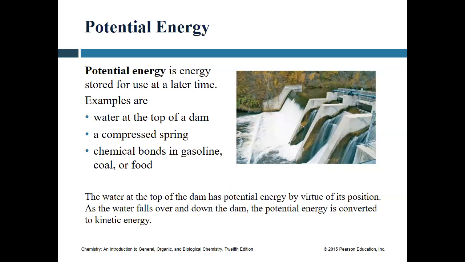The other kind of energy is potential energy. Now, we can think of this energy as energy that is stored up inside of a substance. And because it is stored up inside of that substance, we tend not to think of it as energy of motion, but rather as energy that could get converted to kinetic at some point.